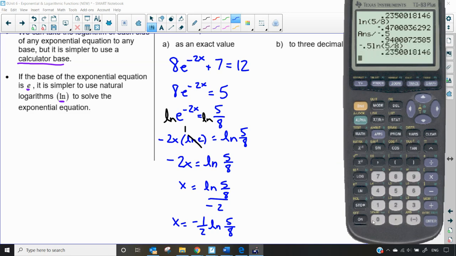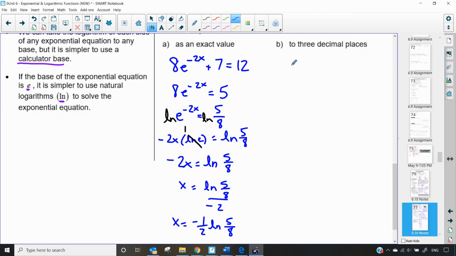Or we can put this in and we have ln of 5/8, so ln of 5 divided by 8 times negative 0.5. And that would give us 0.235. So we can enter it in either way and we'll still get the same answer. So entering that in, we have x equals negative 1/2 ln of 5/8 gave us 0.235.